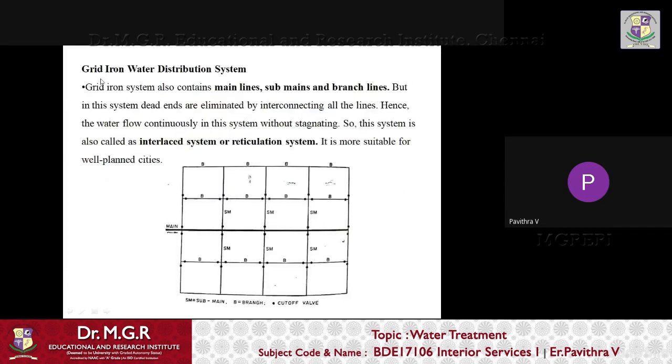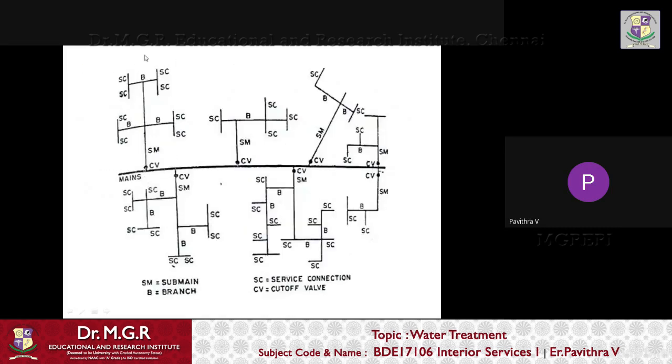So next, coming to the grid iron water distribution system. The grid iron system also contains main lines, sub-main lines, and branch lines. But in this system, dead ends are eliminated by interconnecting all the lines. In the earlier system, there are many dead ends like service connections, branches.